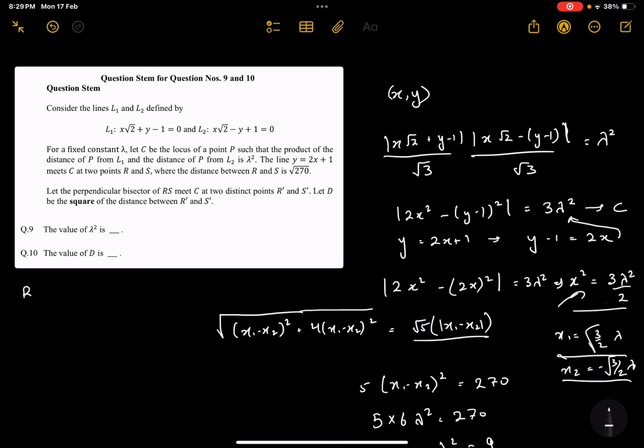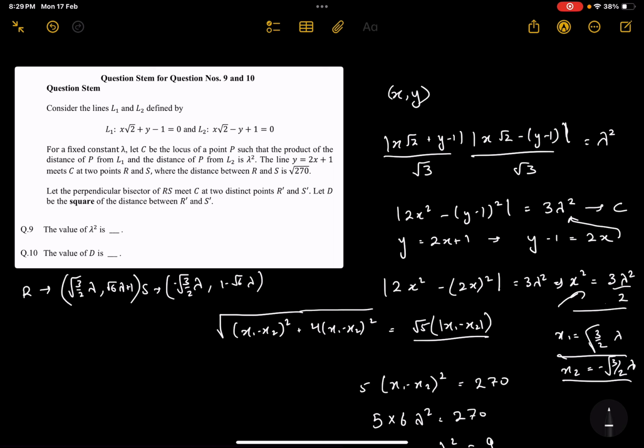So say R is root 3 by 2 times lambda, S is minus root 3 by 2 times lambda, and 2 times this plus 1 would be root 6 lambda plus 1 and 1 minus root 6 lambda. These are the coordinates of R and S.